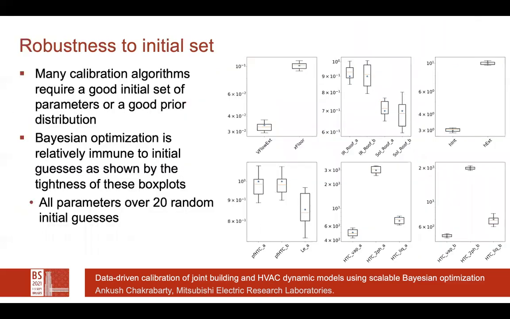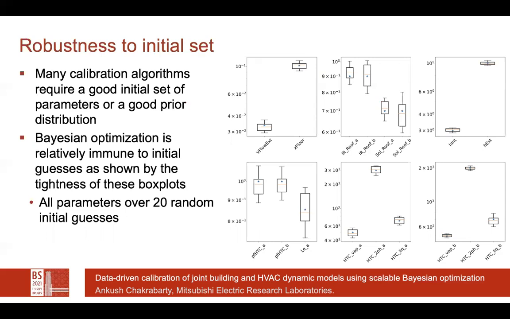A lot of prior art in building calibration requires either a good initial set of parameters, for example, in gradient-based methods, or MCMC-type methods or Bayesian calibration methods require a good prior distribution over the parameters to be calibrated. A very big advantage of Bayesian optimization is that it has an initial random exploration phase guided by the acquisition function. So it is expected to be pretty immune to the initial set of parameters. It doesn't need a good initial guess.